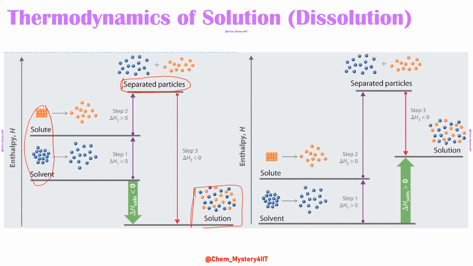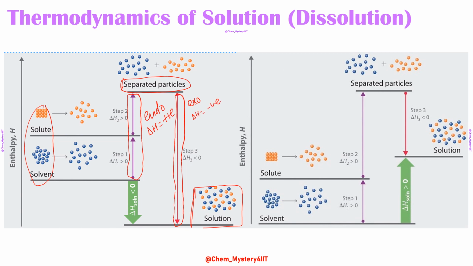Number one, endothermic changes, where we are converting these associated states into the separated particles. Both these steps are going to be endothermic in nature. When we say endothermic, we mean delta H is going to be positive. Although in comparison, we'll be talking about their magnitude, mod values, not just the positive or negative signs. So when these separated particles are converted back into the solution, this is going to be an exothermic change, and in this case, delta H is going to be negative.